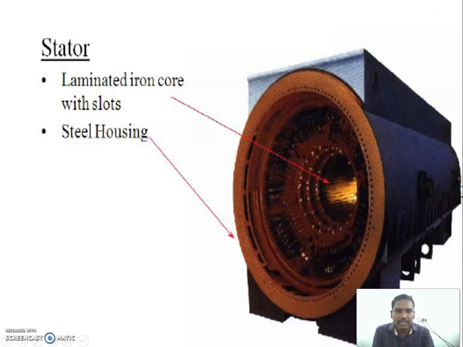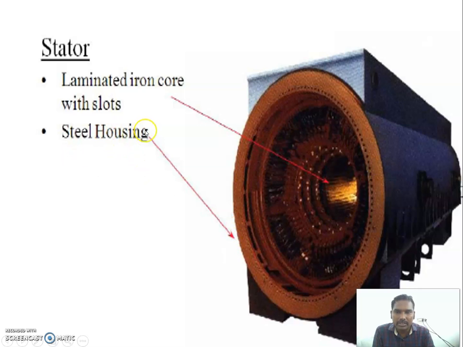This is the cross section view of the stator part. This is your stator, with laminated iron core and the slots placed here. Then we have the outer part of the machine, a steel housing. This steel housing holds the entire slot, armature conductors, and everything. See, this is the end winding, the outer part of the machine.